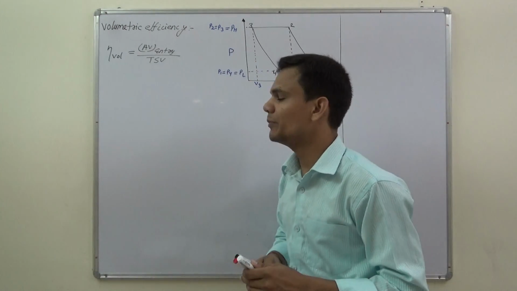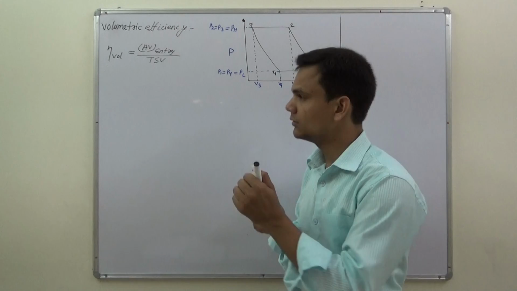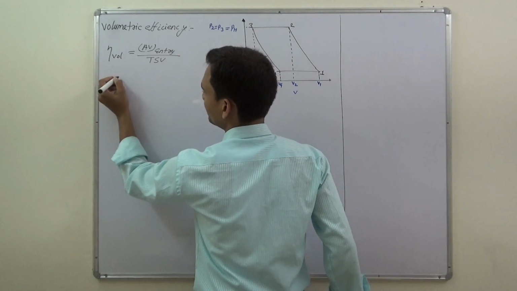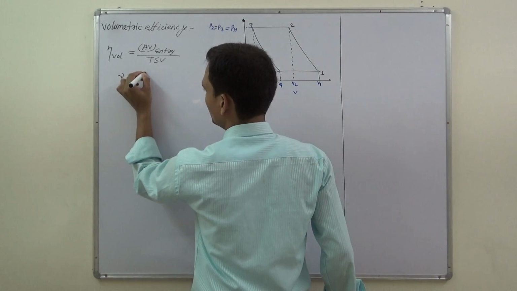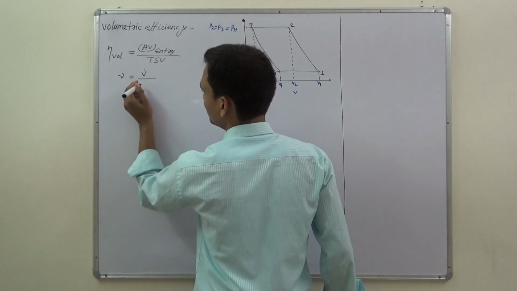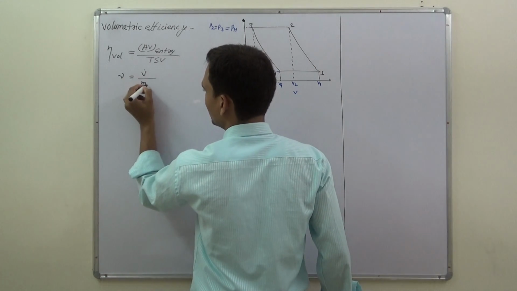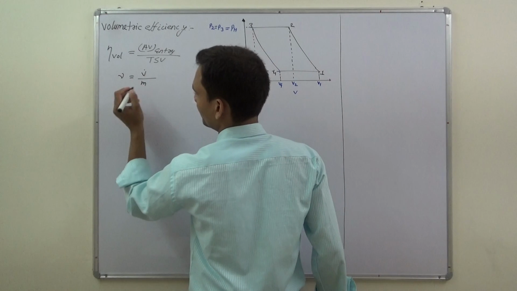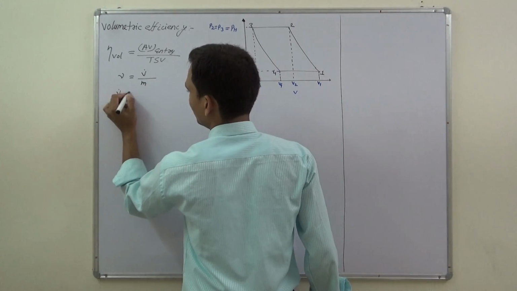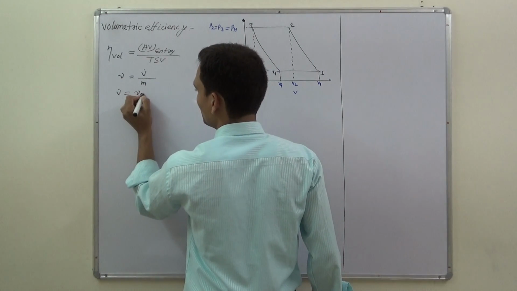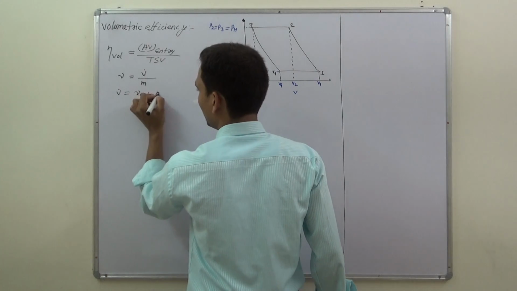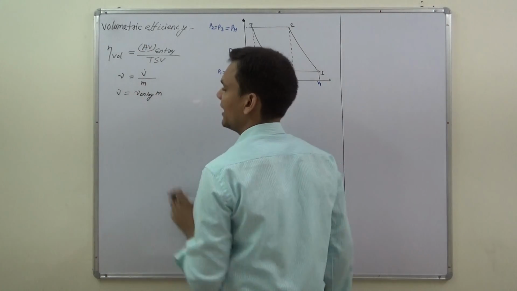What is actual volume at entry? We can write specific volume is equal to total volume at entry by mass flow rate. So we can write total volume is equal to specific volume at entry multiplied by mass. This is actual volume at entry.